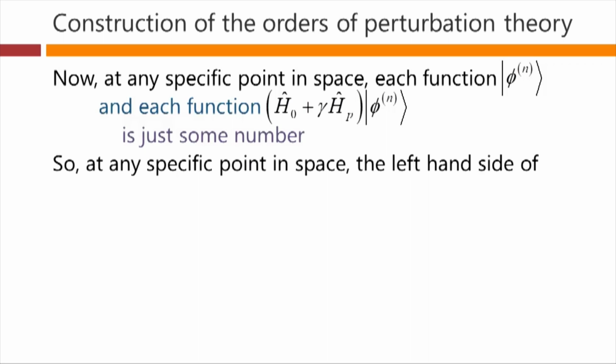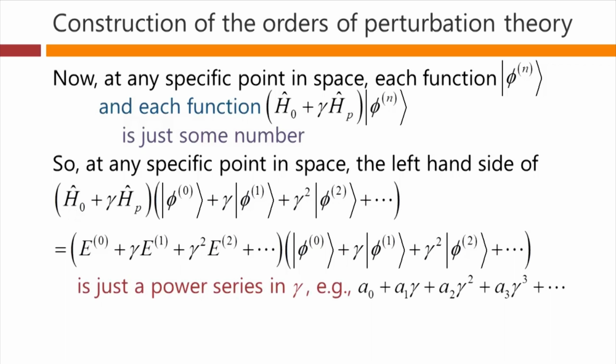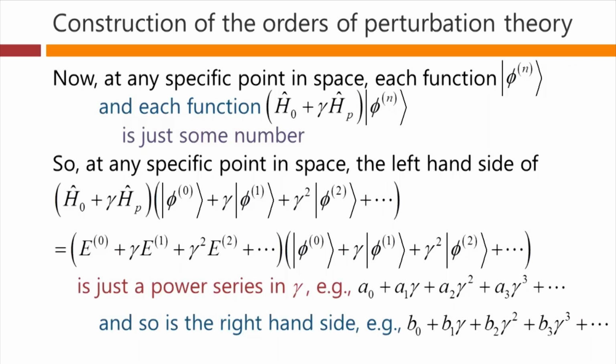So at any specific point in space, the left-hand side of this equation is just a power series in gamma. For example, something that looks like this. And so is the right-hand side. It's also just a power series in gamma. So that is, we choose some point in space. Each of these functions has a specific value, but we're operating on them with this operator here.